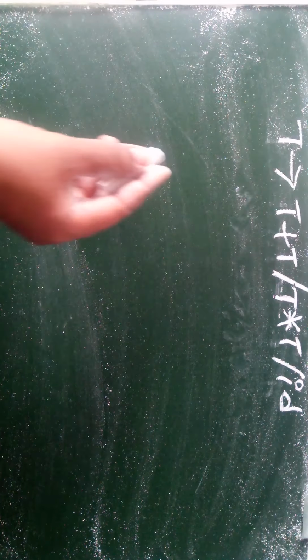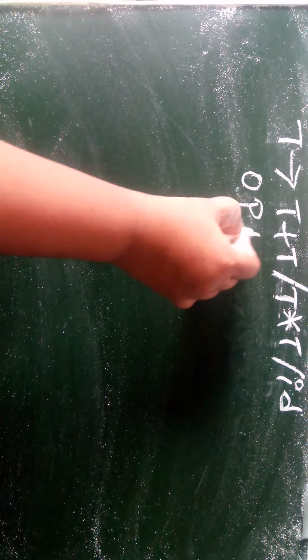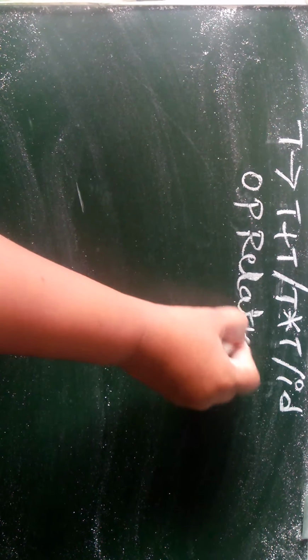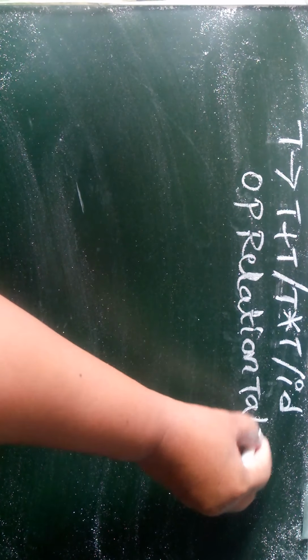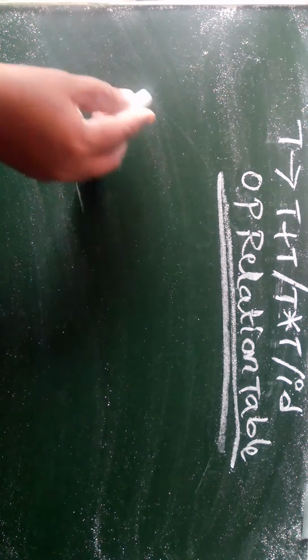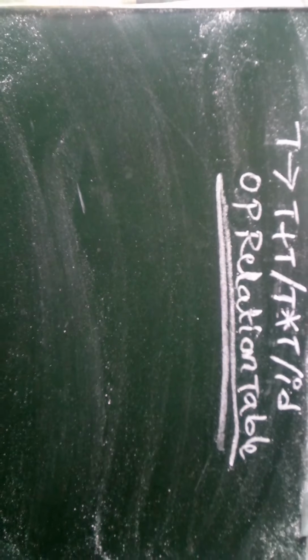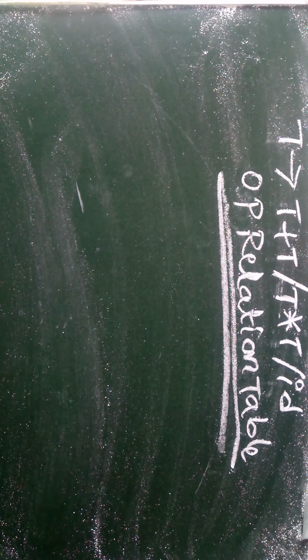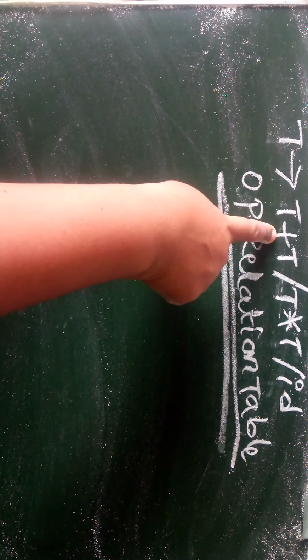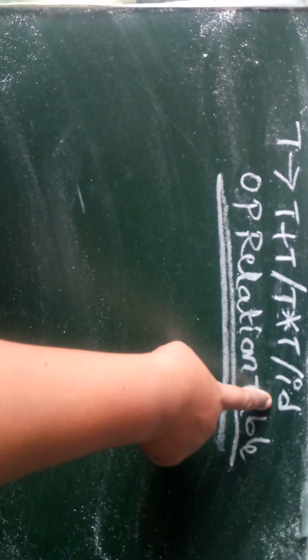The grammar is T tends to T plus T / T into T / ID. For the OP relation table, first take all terminals, that means plus, into and ID.